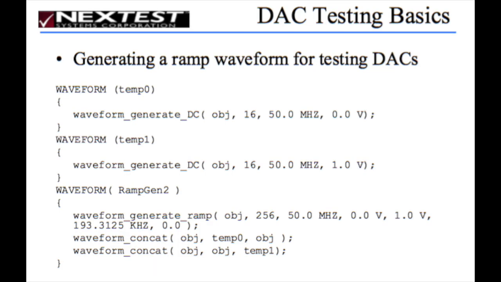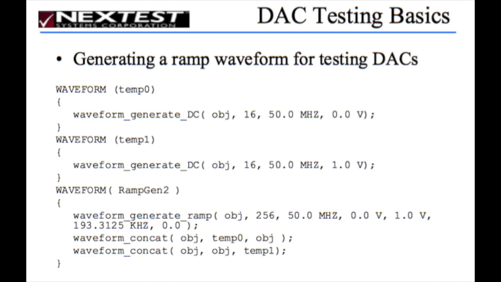Okay, here's a cool way in the Nextest to create a ramp waveform for testing DAC. You say waveform temp 0, wave generate DC, object 16 samples at 50 megahertz sample rate, 0. So we're generating a 0 volt DC offset. Waveform temp 1, waveform generate DC, object 16 samples, 50 megahertz sample rate, generator 1.